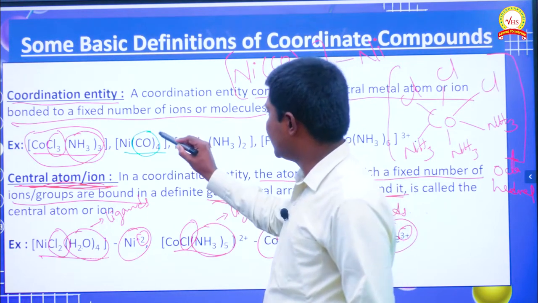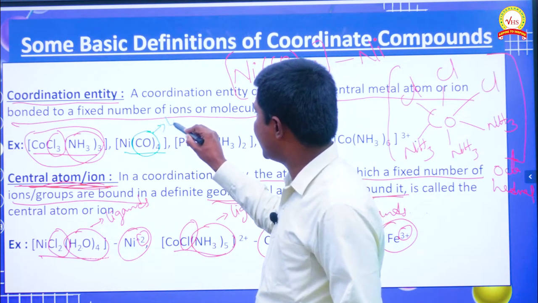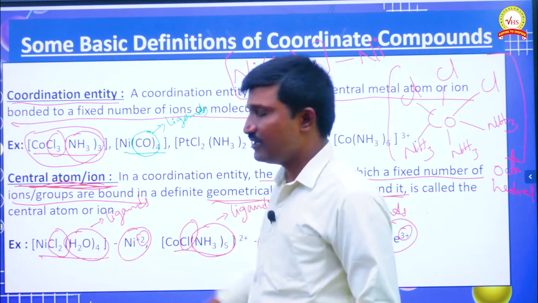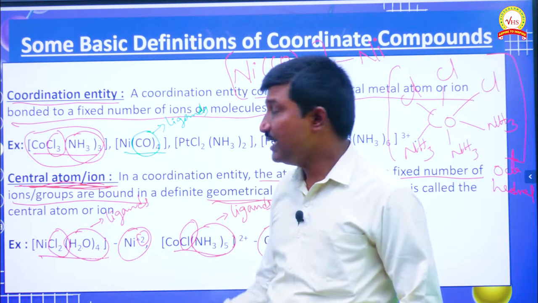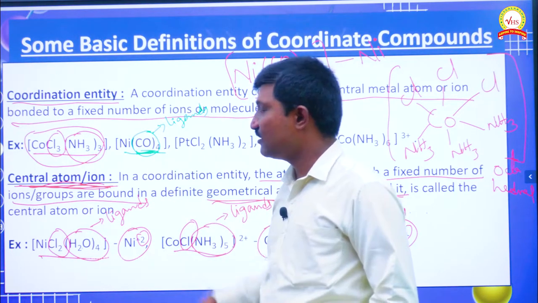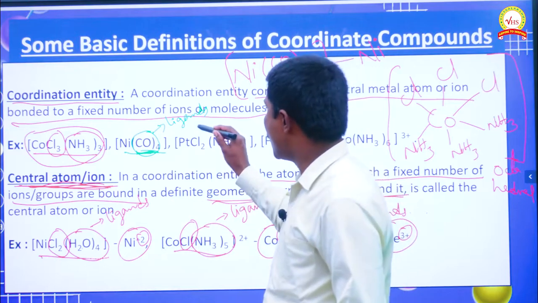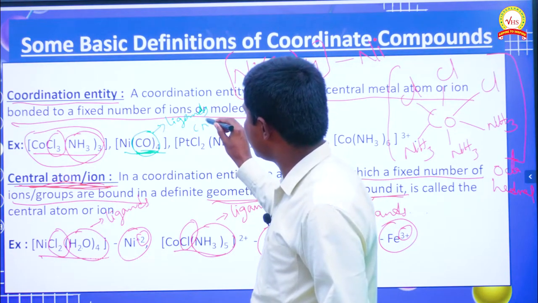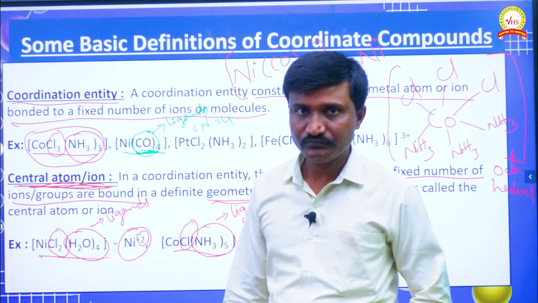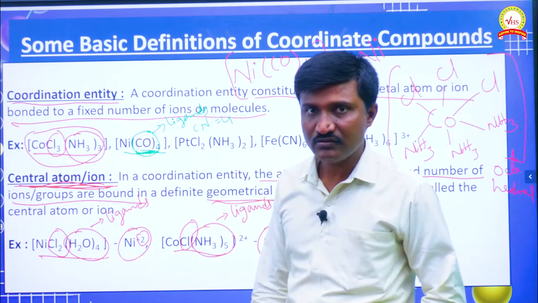So these 4 CO we call ligands, and nickel is the central metal atom. Since 4 ligands bind to the nickel, the coordination number, represented as CN, is equal to 4.